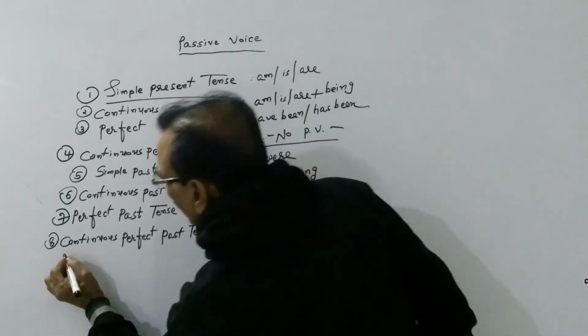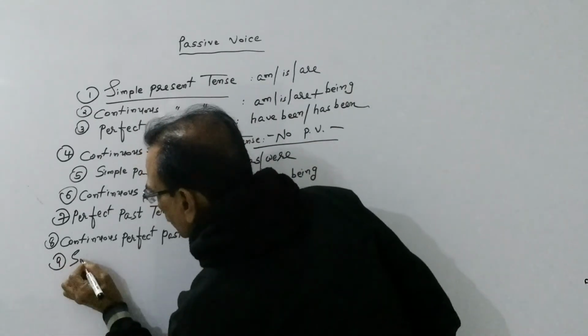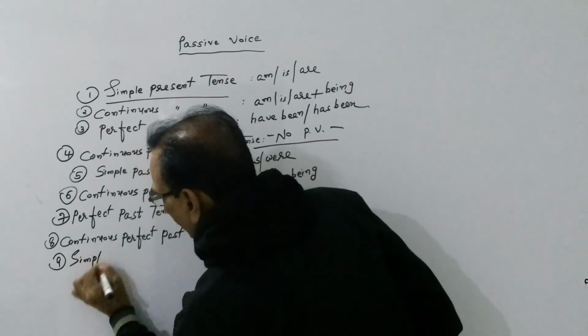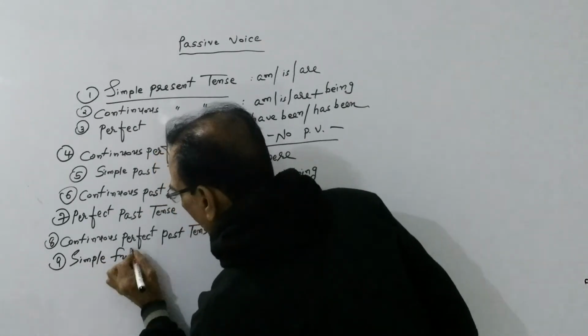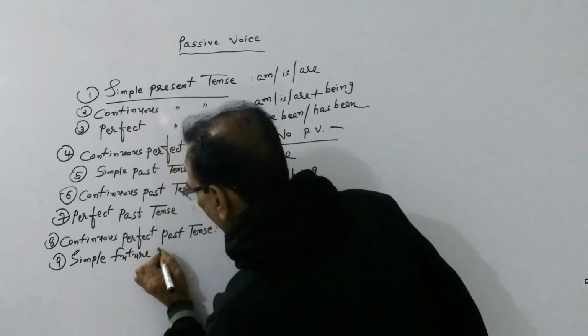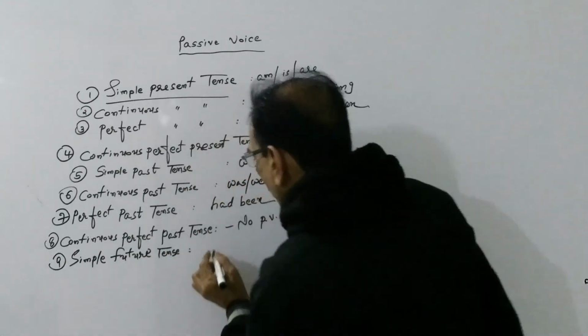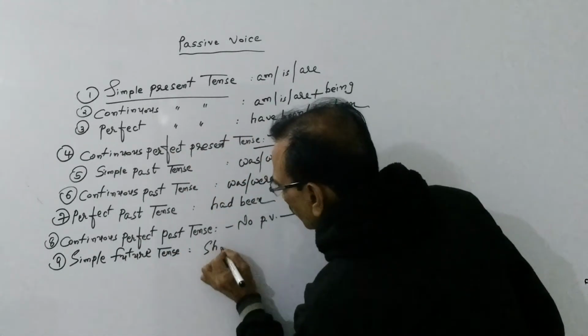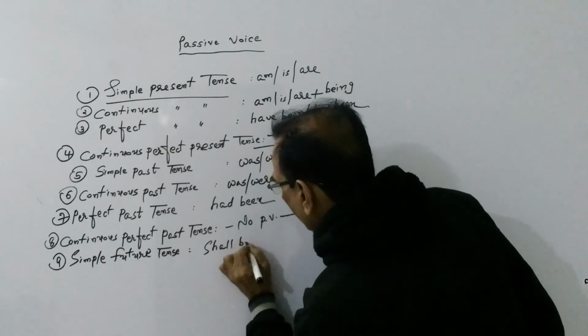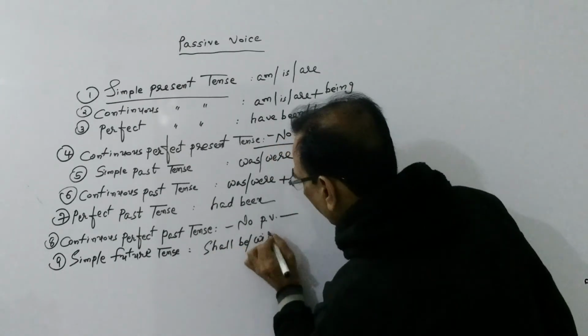Now next one is simple future tense. For passive voice in simple future tense we use shall be or will be.